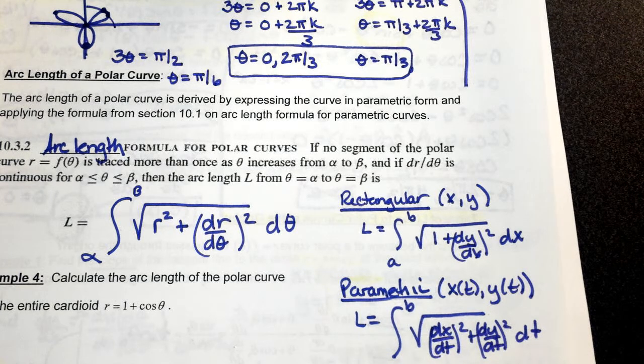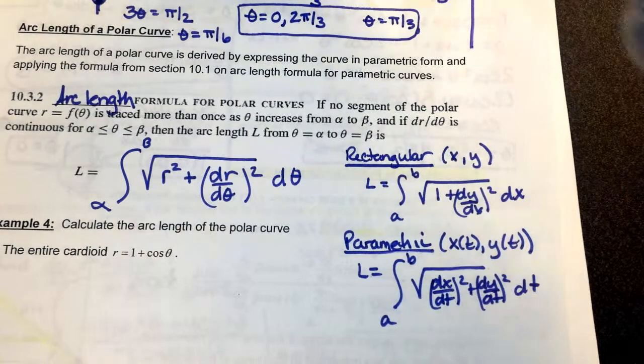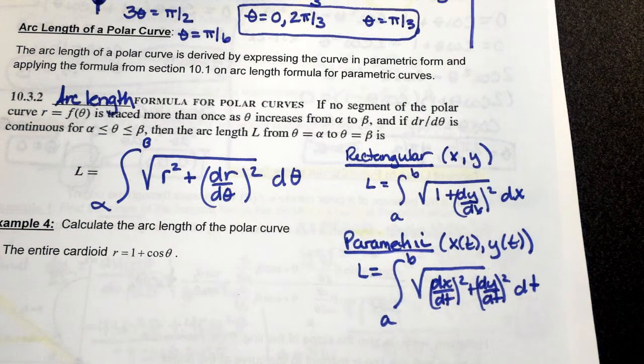So you've got to know these three formulas. These could be calculator, or these could be no calculator questions, but you must always show your setup, remember, when you're doing these.